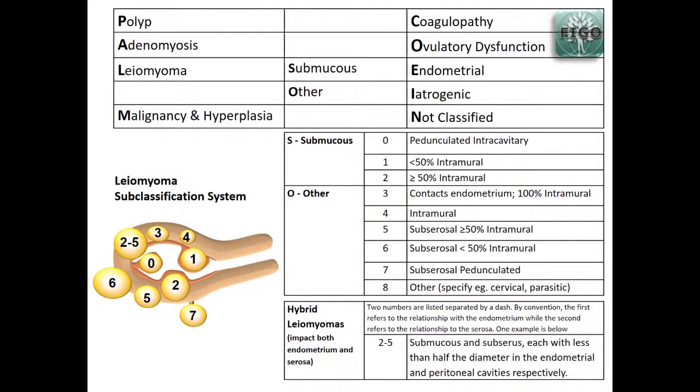After the structured history is obtained, one can begin the investigation to determine what components might be responsible for the patient's abnormal uterine bleeding.